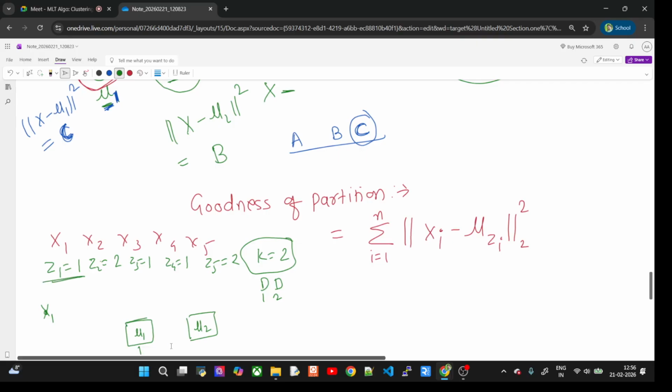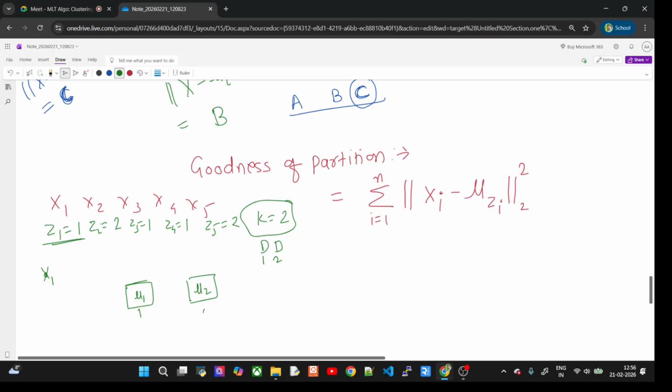The point x1 is in cluster 1. It is saying the distance of x1 from the mean of this box is the minimum compared to the other box, so x1 is in cluster 1. So what is mu zi?